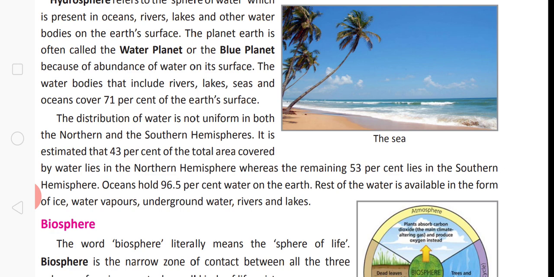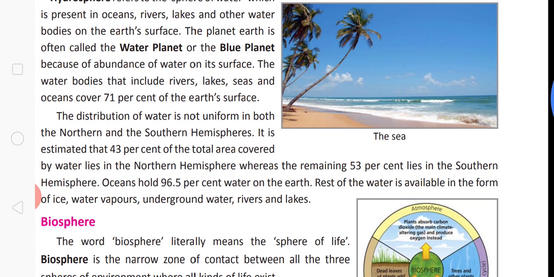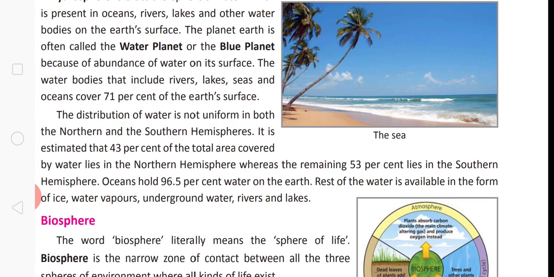The planet Earth is often called the water planet or the blue planet. Now here is one question, please write: why is the planet Earth called the water planet or the blue planet? Here the answer is given: because of the abundance of water on its surface. That means too much water is there.